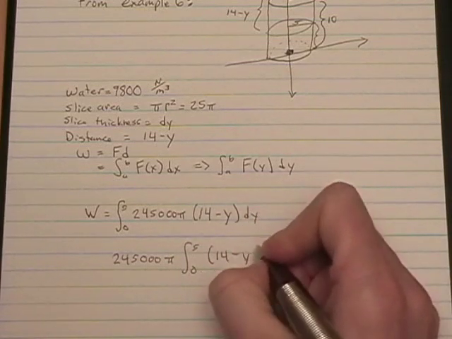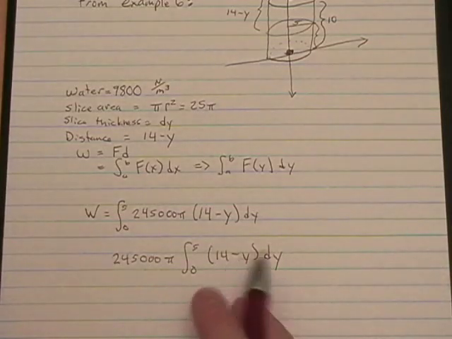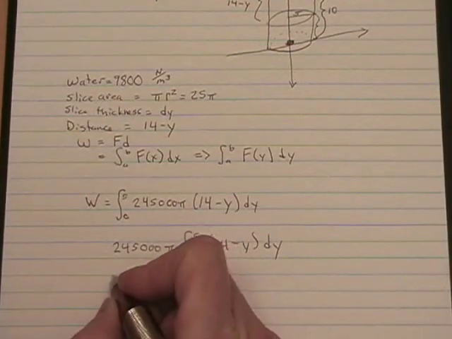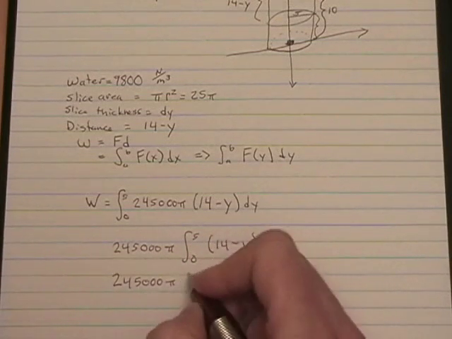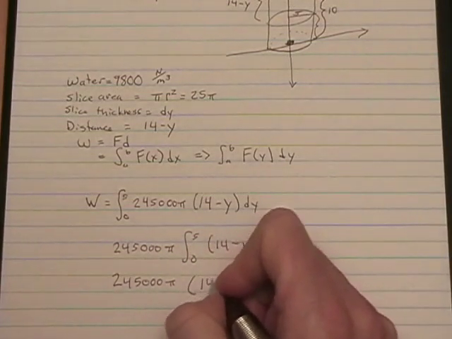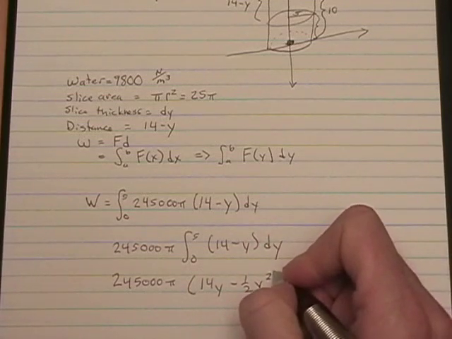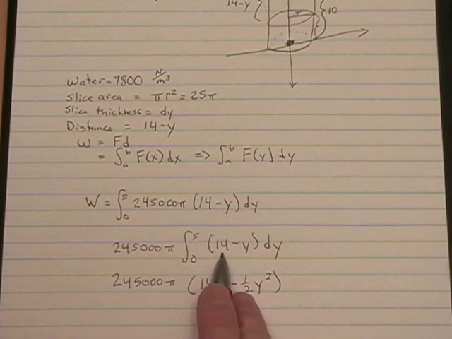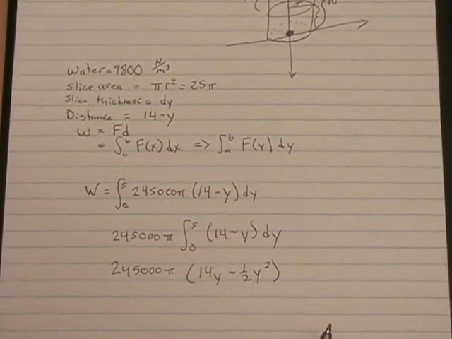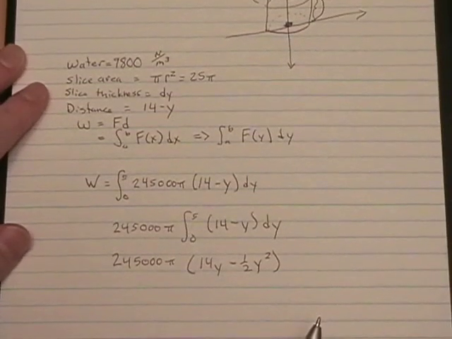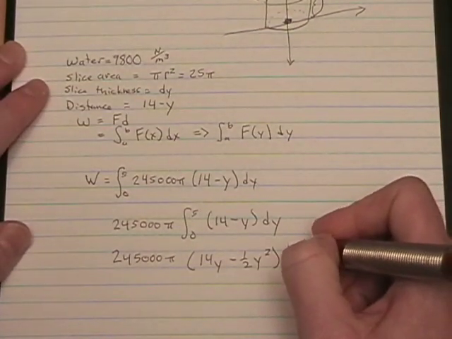And once you get rid of that, the antiderivative here is pretty easy. Antiderivative of 14 is 14y. The antiderivative of y is 1/2 y squared. We're going to evaluate this from 0 to 5.